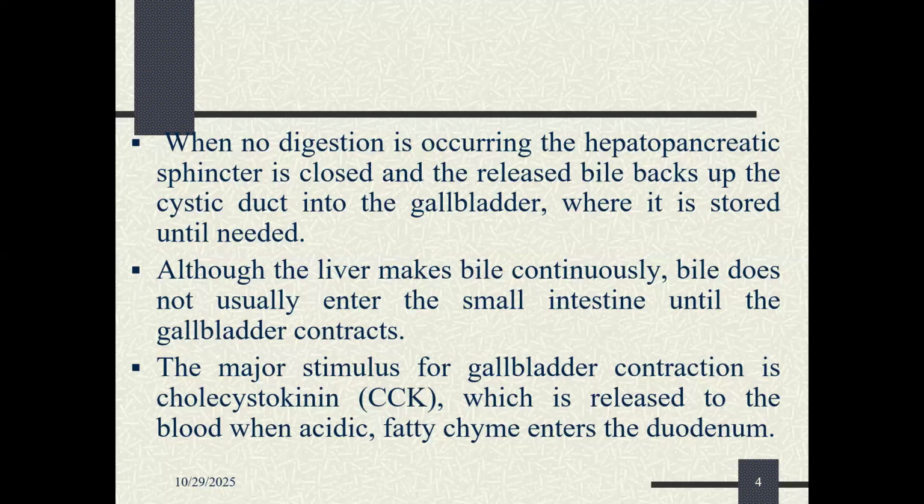So if there is no digestion, that sphincter that we saw there is going to close. And once it closes, it will cause the bile to be backed up into the cystic duct, where it will go into the gallbladder, where it will be temporarily stored.